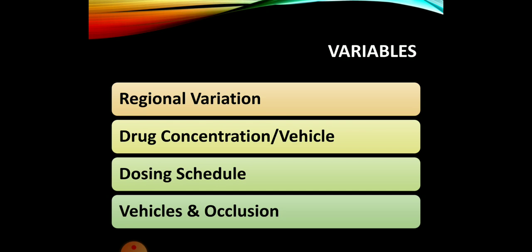Like in case of topical steroids, you must use a low potent steroid in those zones, because if you are giving a high potent one, it will be absorbed in very high amount, because the skin layer is very thin, and hence it may lead to different kinds of adverse drug reaction. So regional variation is always there when you are applying topical preparations.